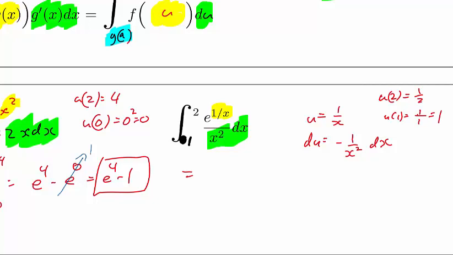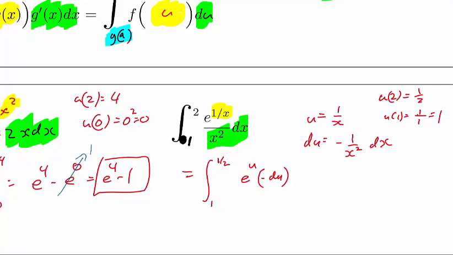And so we have the integral from 1 to 1/2 of e to the u negative du.